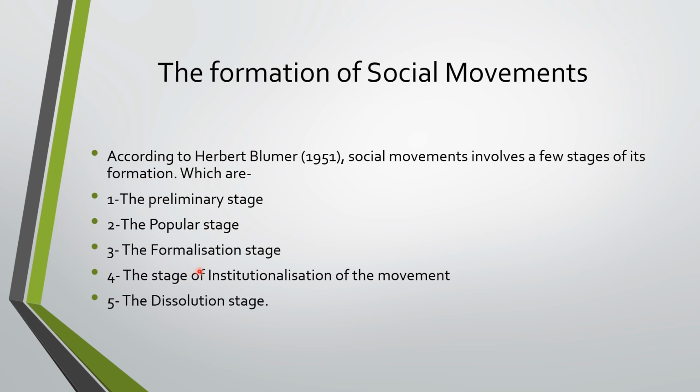Next is the formalization stage. It is also known as the stage of formal organization. This is the stage in which programs are developed, alliances are forged, and organization and tactics are developed.